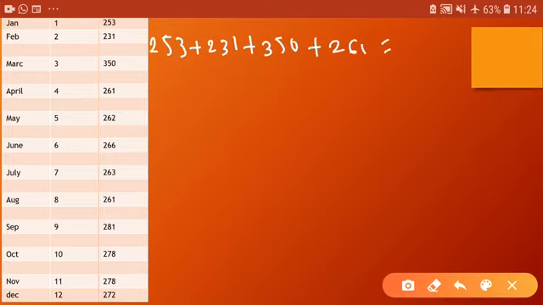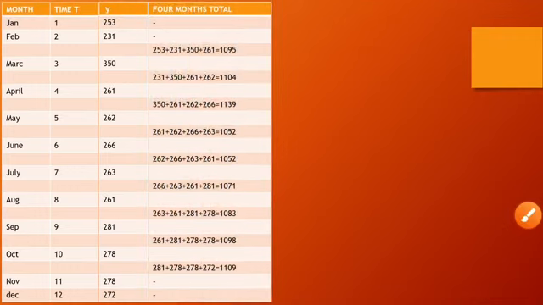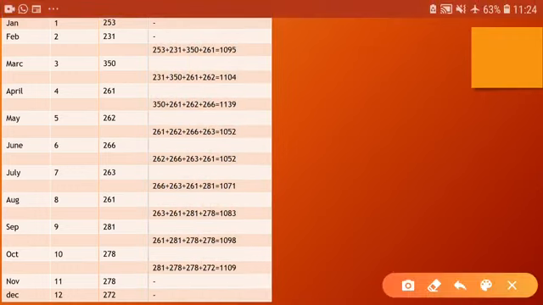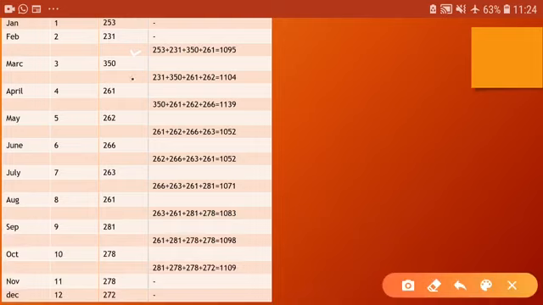So 2 up, that is 253, 231, and 2 down, 350 and 261. Let's take one by one. We have done this between Feb and March. Then this: 2 up, 231 and 350, 2 down, 261 and 262, so your total is 1104.